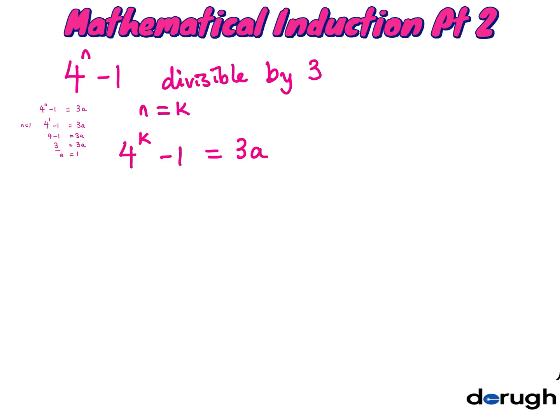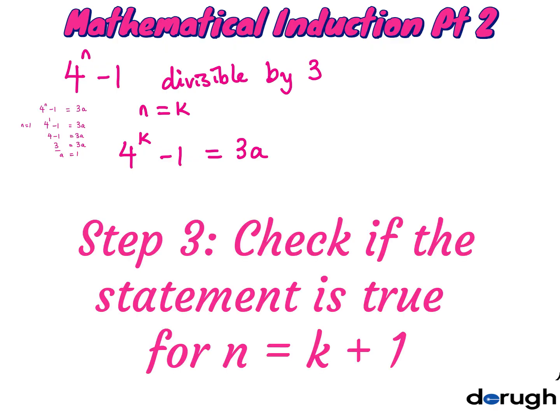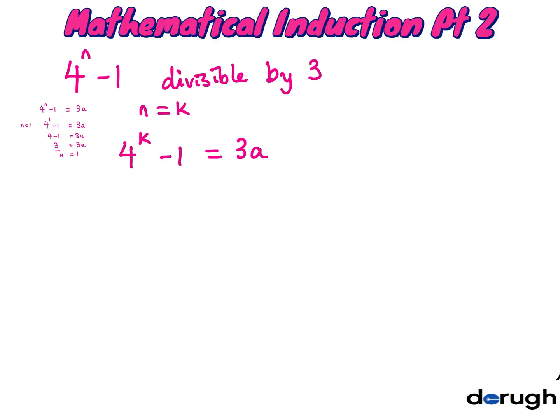Now we need to move to step 3. Step 3 says that after we assume that it is true for n equals k, we then need to check if it is true for n equals k plus 1. So again, as usual, anywhere you see n, you replace it with k plus 1. K plus 1 just basically says if k is any integer, k plus 1 is the next integer or natural number.